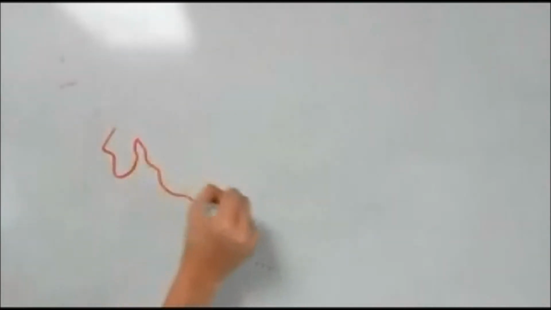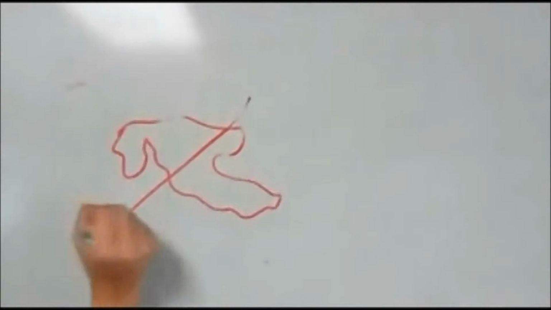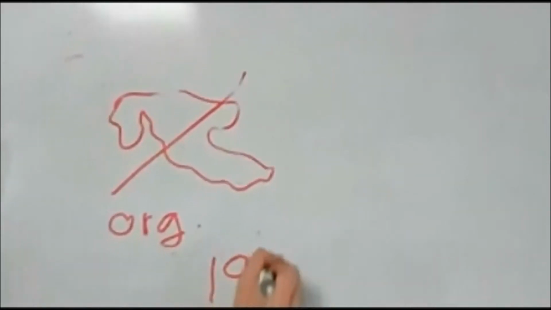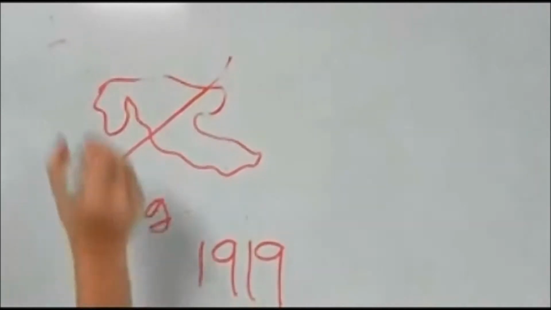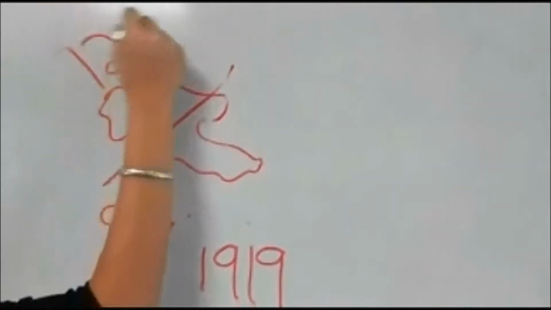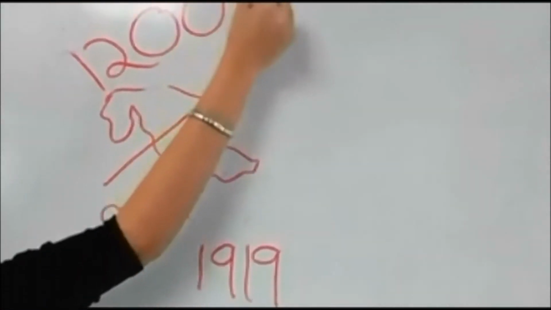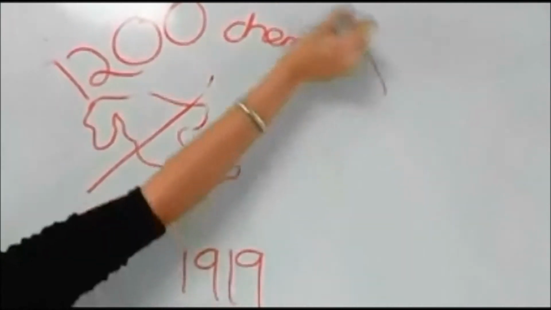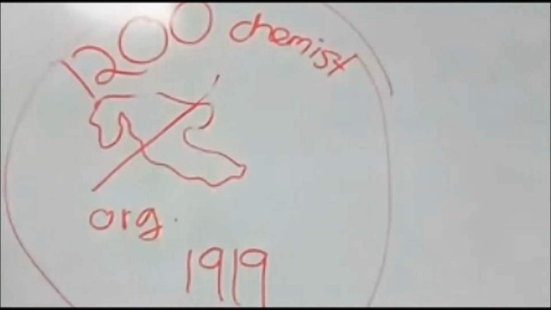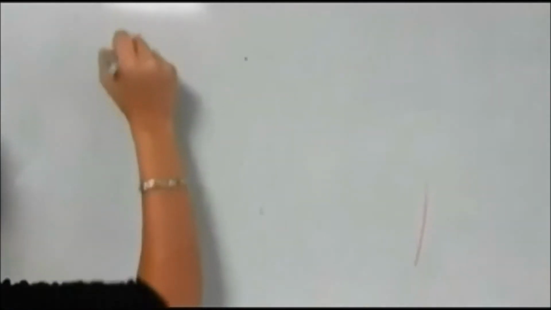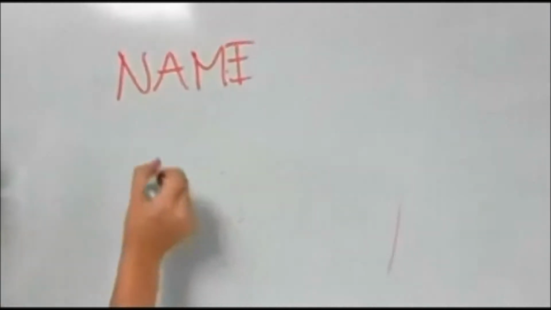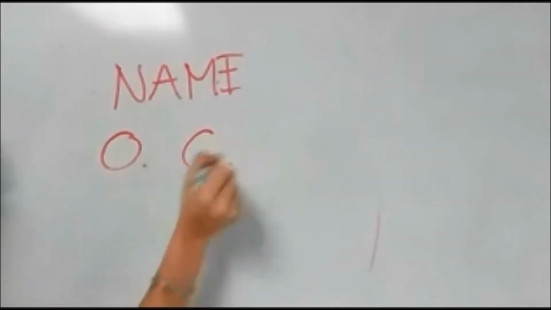It's a non-governmental organization created in 1919 for 1,200 chemists around all the world to name organic compounds.